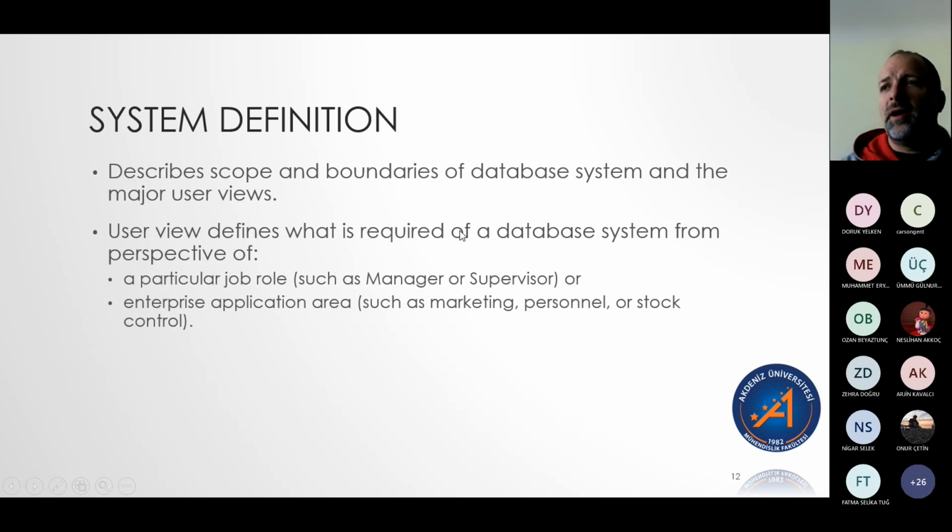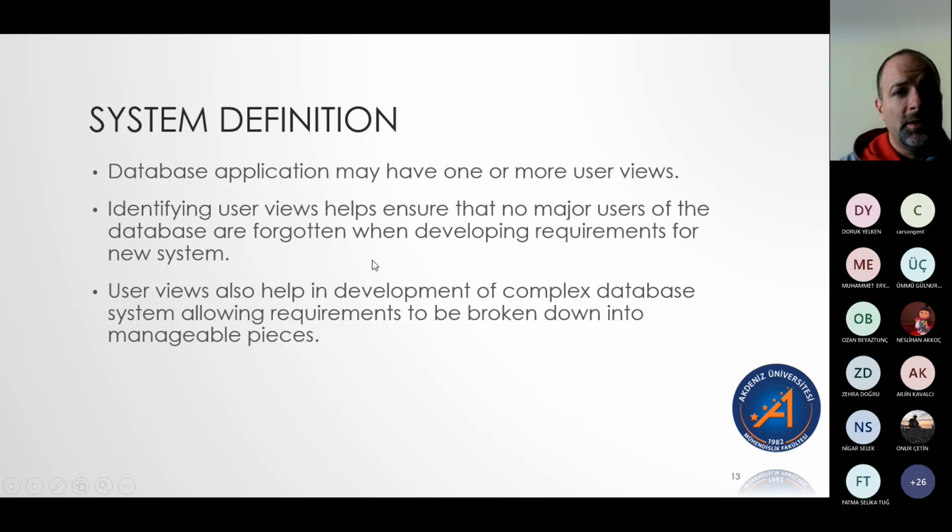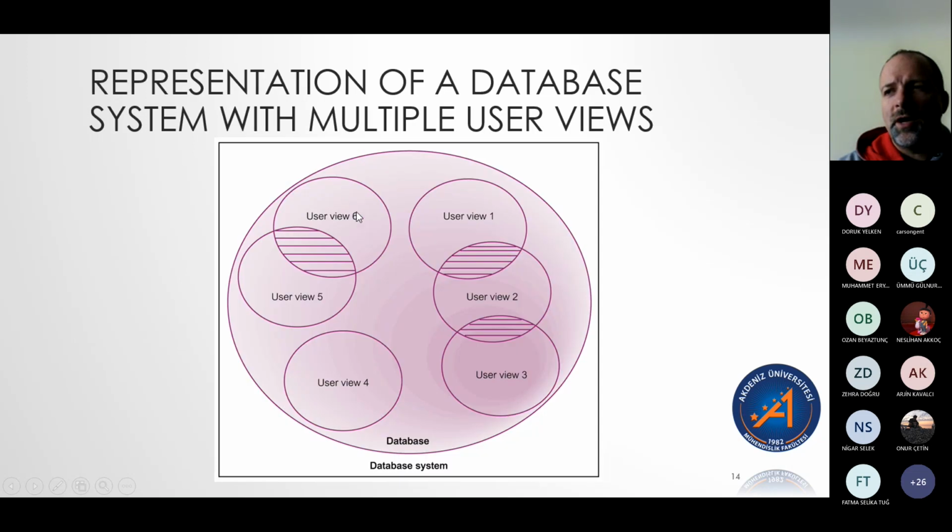We can also define user job roles. We're going to define what types of things we're going to be looking for when we get this database system up and running. By identifying job roles, we can also understand how the different views of the system might overlap, or might not overlap at all.